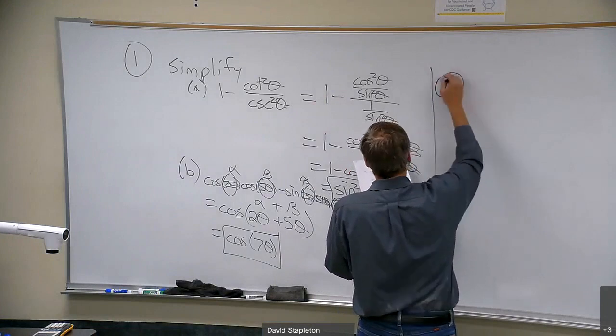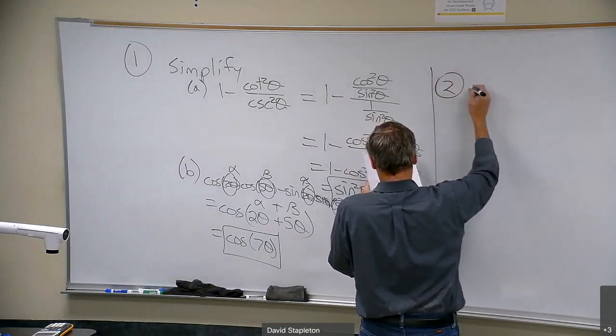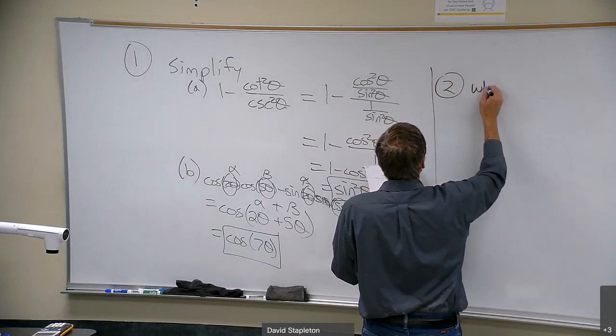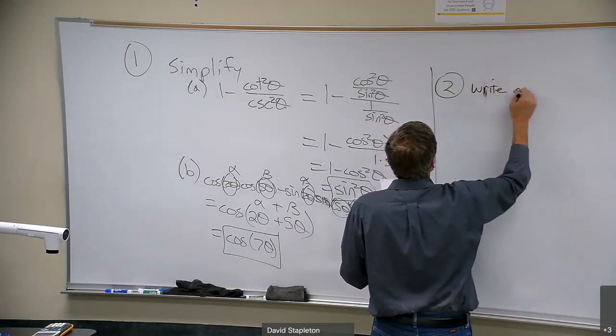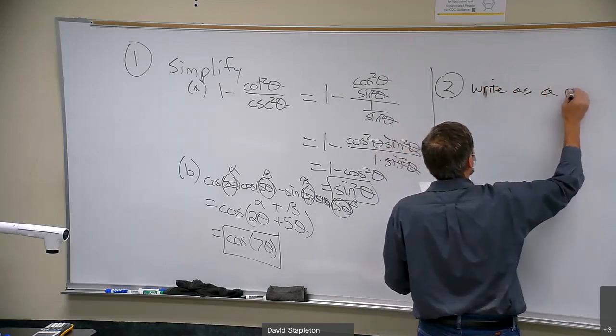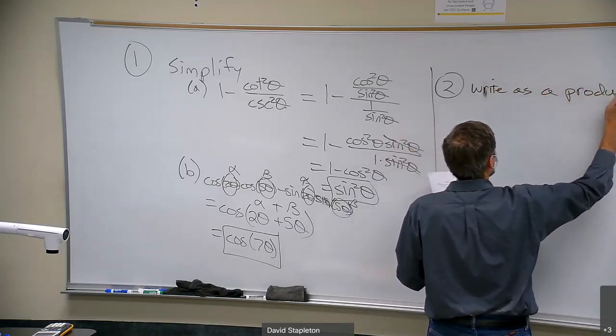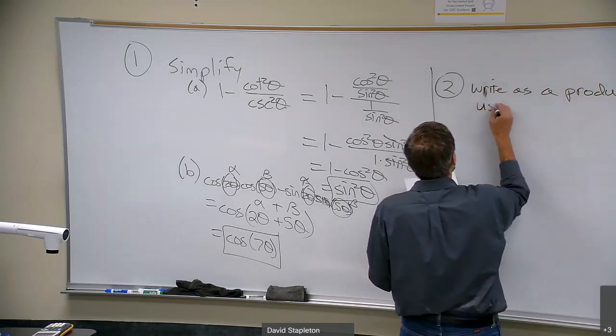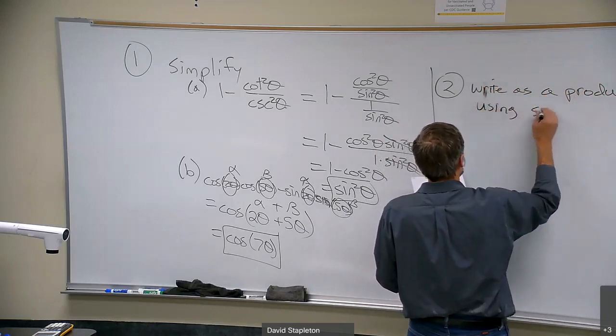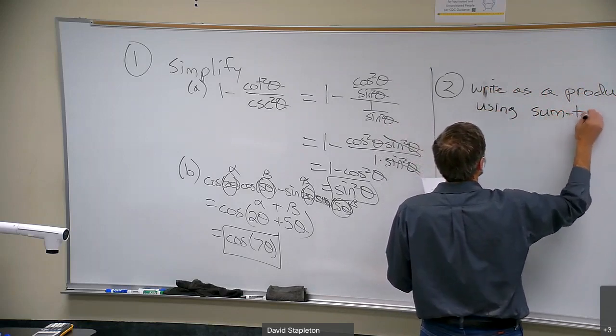The second one was to write as a product of sine and cosine functions, using the sum to product identity that's given here.